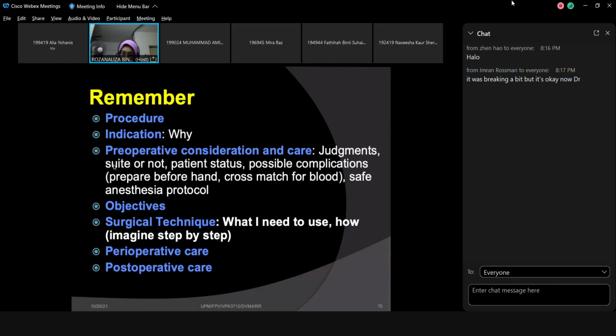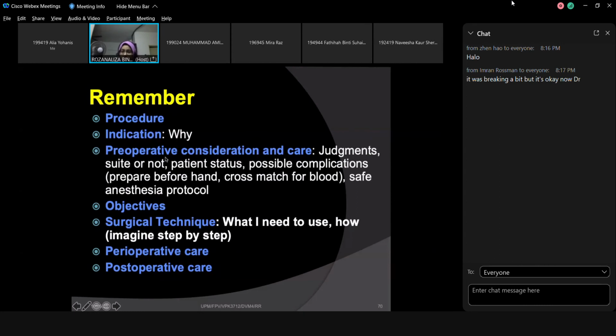Sometimes we remove tumors or masses because we want to stop the bleeding, because some masses that are ulcerated are going to bleed non-stop. But we know that even with removing the tumor, sometimes the tumor has already spread or metastasized, so it's not curative, it's more palliative. Also we need to take note of pre-operative care.